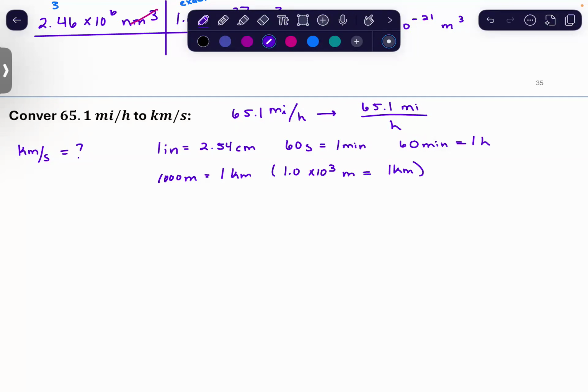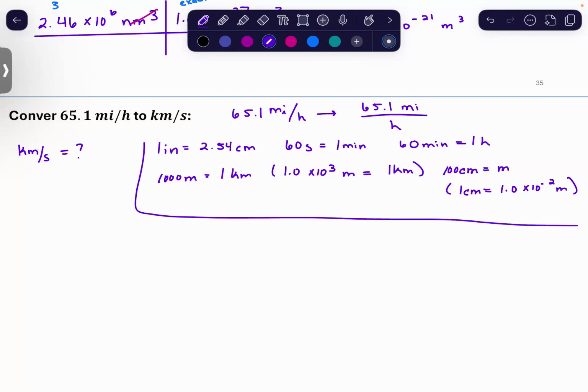It's the same thing. And I also know that there's 100 centimeters in a meter. I don't care if you do the 1 centimeter, there's 1.0 times 10 to the negative second meters. Again, I don't care. Use the format you're comfortable with. But these are things that I know that are going to come in helpful.